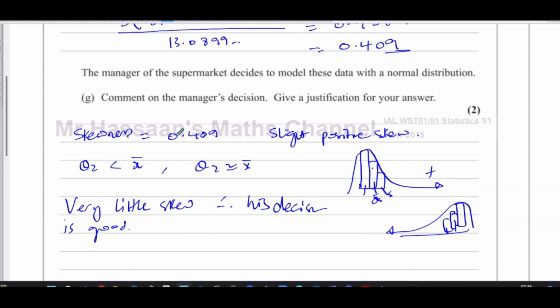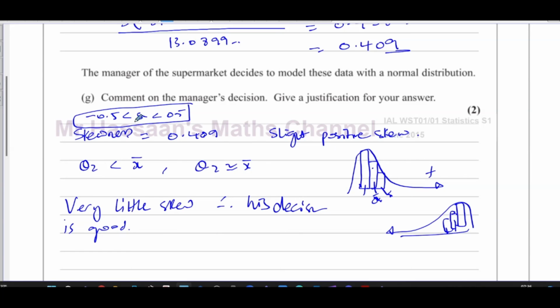Because generally, if the skewness value is between minus 0.5 and 0.5, that's considered very little skew. If it's more than those values, then you would say it's a bit more skewed. But here you could ignore this skew.